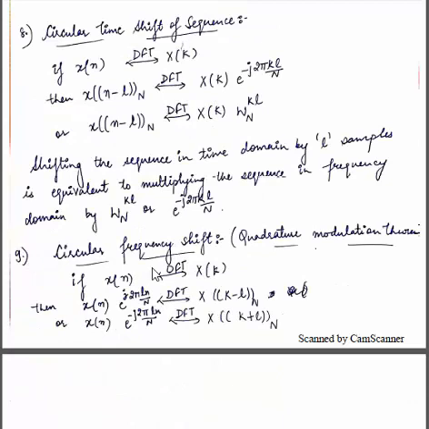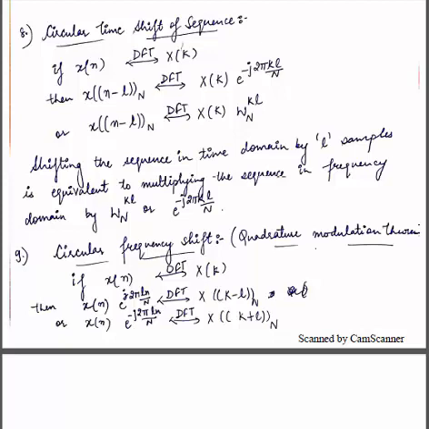It means that multiplying the sequence x of n by e raised to power j 2 pi L n over N, or multiplying the sequence x of n by e raised to power minus j 2 pi L n over N, is equivalent to the circular shift of DFT by L samples, whether it is delay or advance. So these are the properties of DFT.